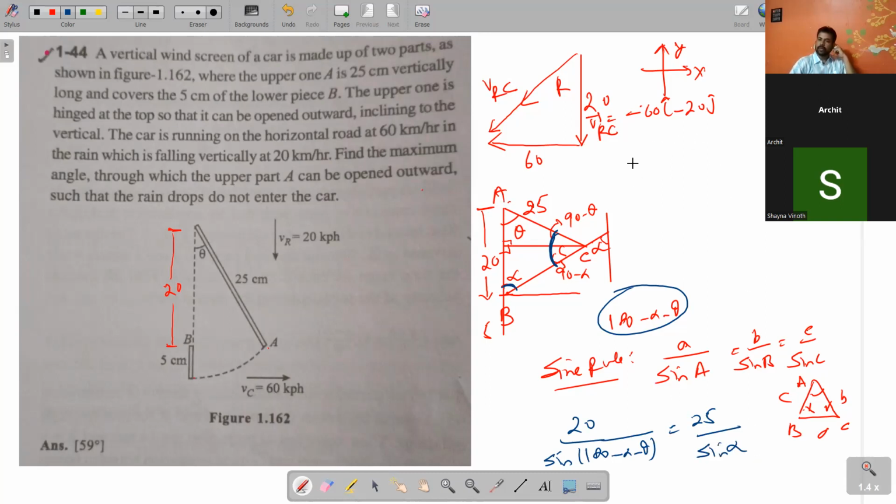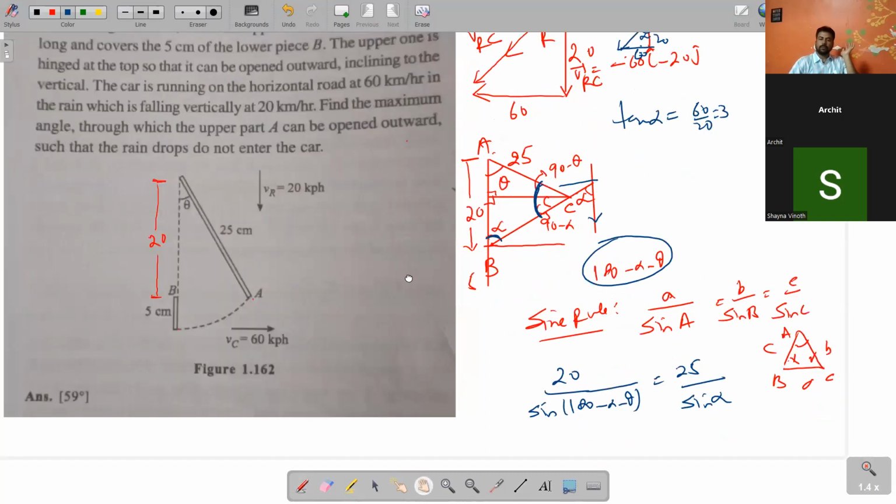And from here we can find tan alpha. How? This is 60, this is 20 vectorially. So tan alpha equals 60 upon 20, that is 3. Correct. Now solve this, you'll get the answer.